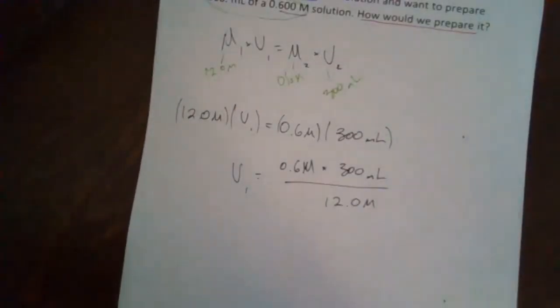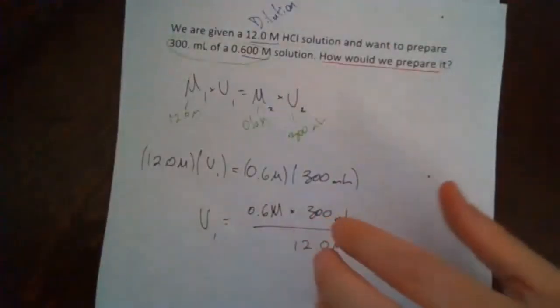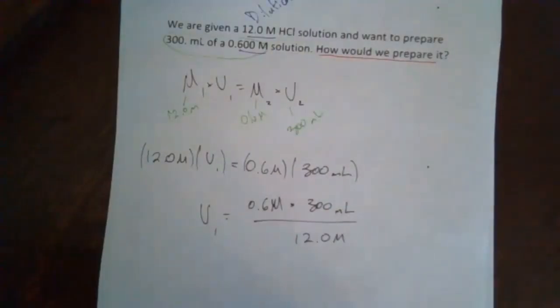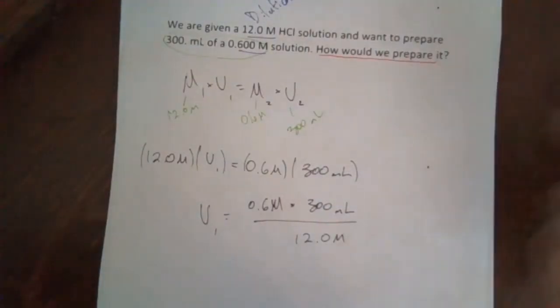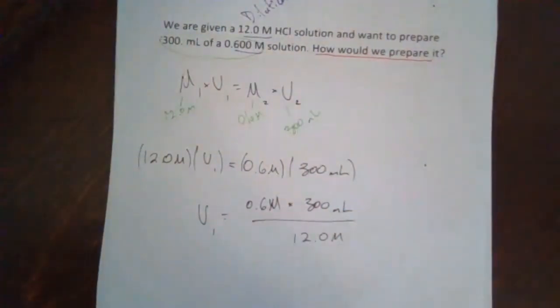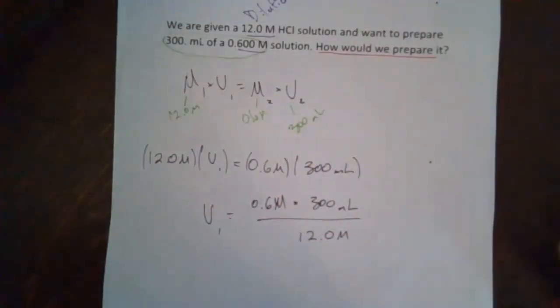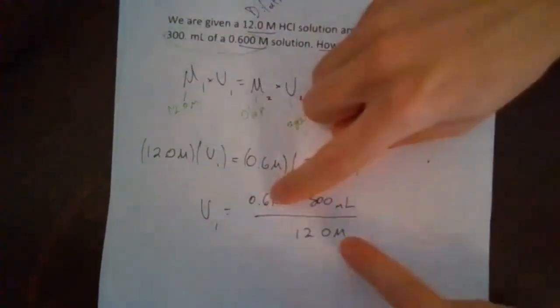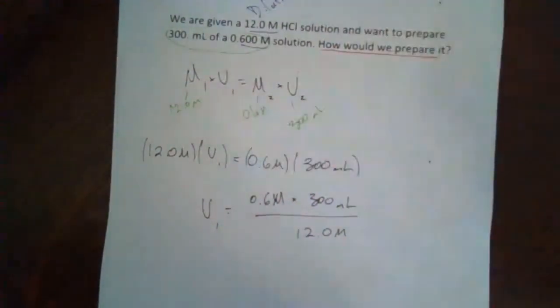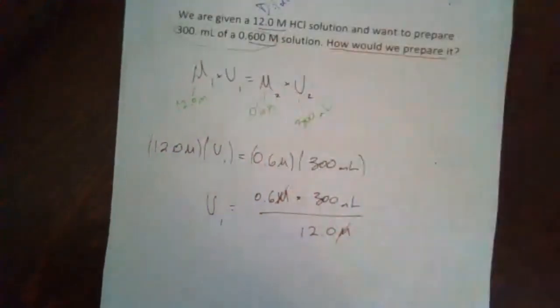So one thing to note when you're dealing with a dilution problem, it doesn't actually matter that our volume is in milliliters. Normally when we work with molarity, we need to have everything in liters, but it actually doesn't matter here. The milliliters are fine. What is necessary is that our concentration unit types match. These both need to be molarity, so that at this step, they cancel out.